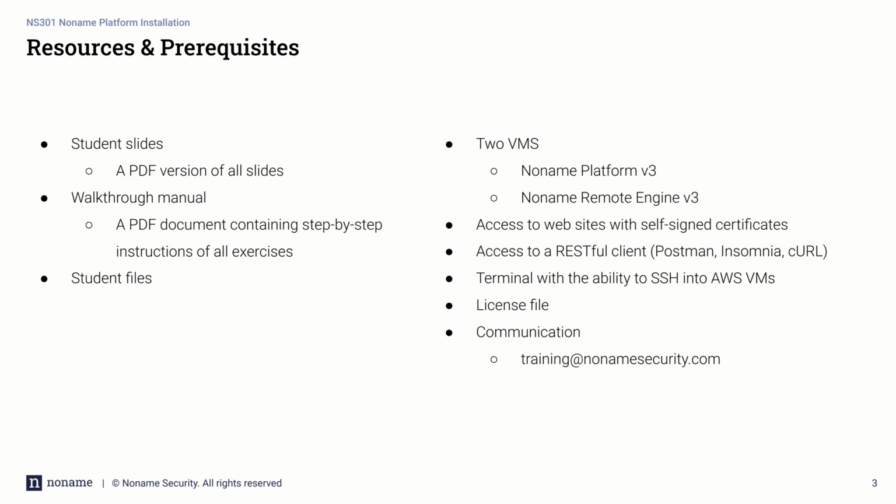If you want to do the actual exercises, send an email to training@nonamesecurity.com indicating the course that you need resources for in the email body. As soon as I know the course, I will know what I need to provision, and I will respond within a couple of hours, providing you with the two VMs and the license file. Okay.